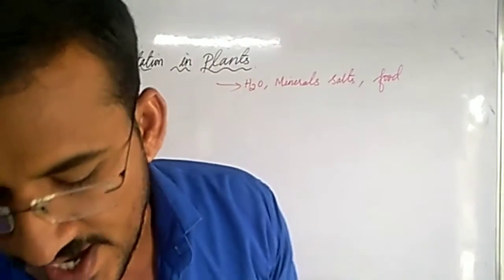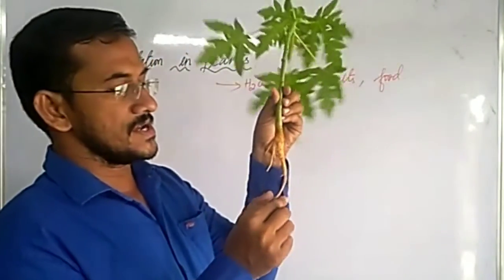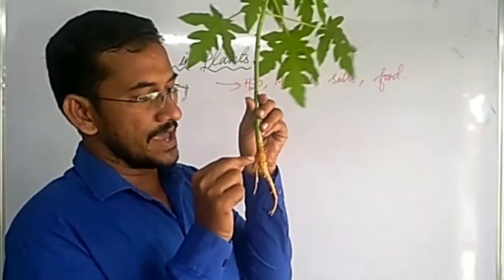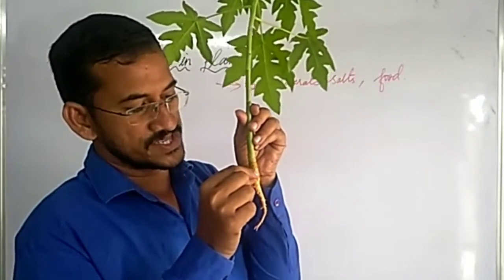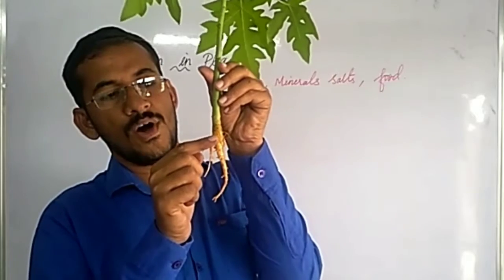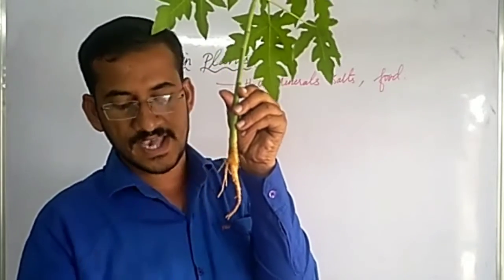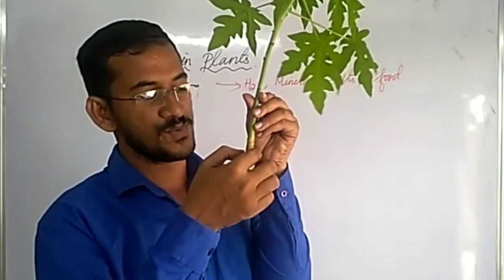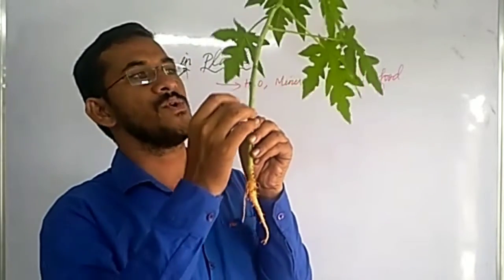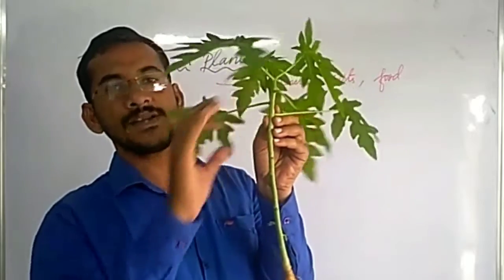Because the colored water is transported by root hairs. These small hair-like structures are called root hairs. These root hairs absorb this colored water and transport it to the root. From the root it goes to the stem and other parts of a plant.